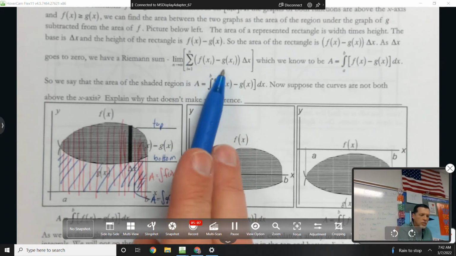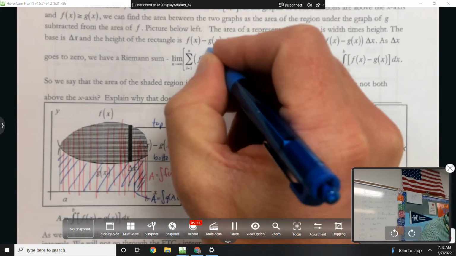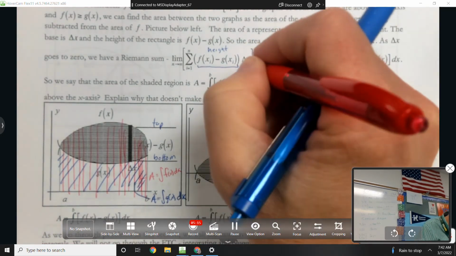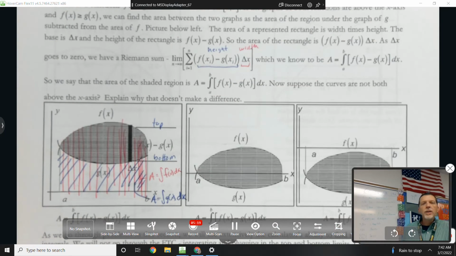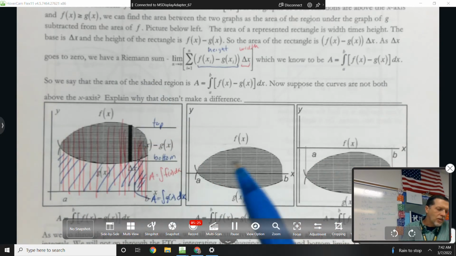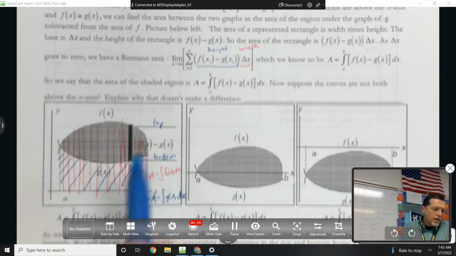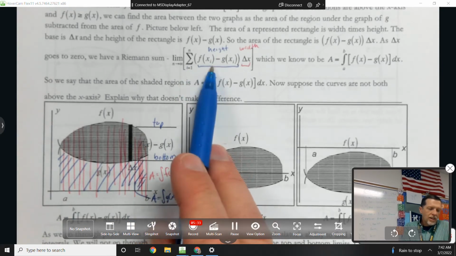Top minus bottom, that's the height of the rectangle. Delta x is the width of the rectangle. And so we add up all the rectangles. But what this is saying, as delta x goes to 0, so if our width gets smaller and smaller and smaller, the accuracy of this area gets better and better.